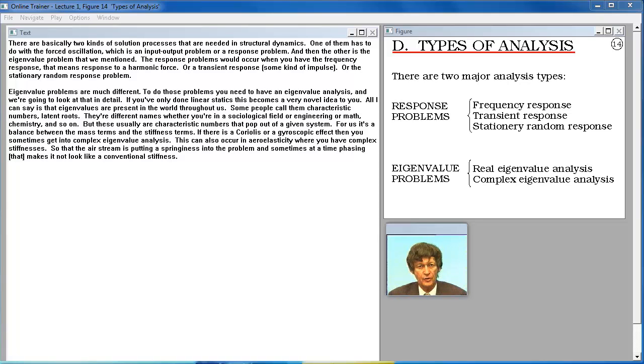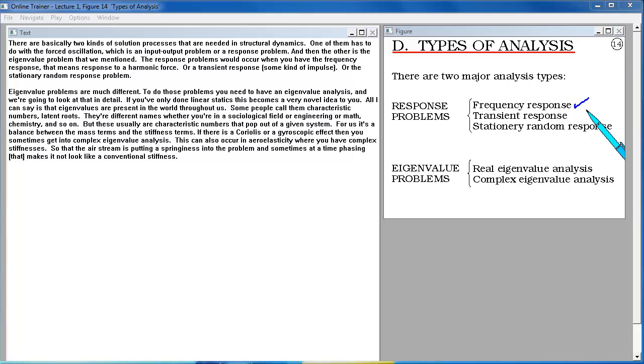There are basically 2 kinds of solution processes that are needed in structural dynamics. One of them has to do with the forced oscillation, which is an input-output problem or a response problem, and then the other is the eigenvalue problem that we mentioned. The response problems would occur when you have the frequency response.